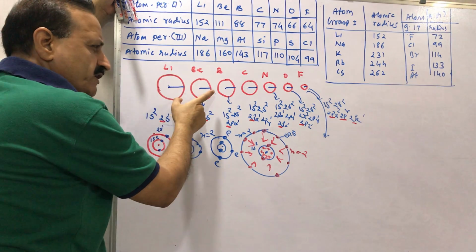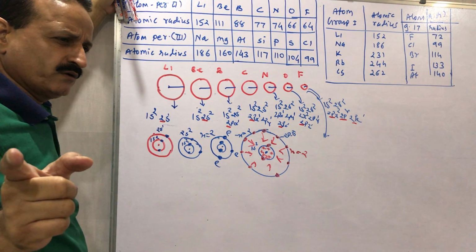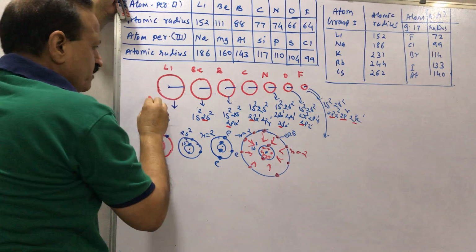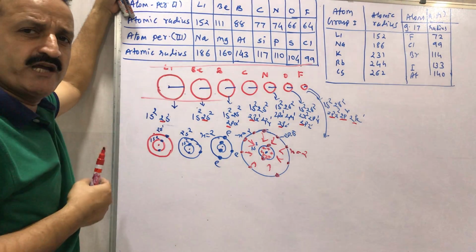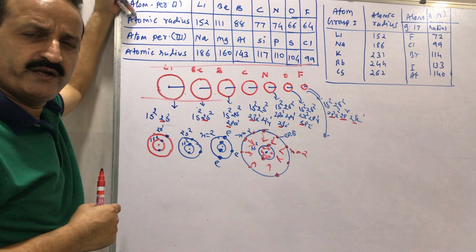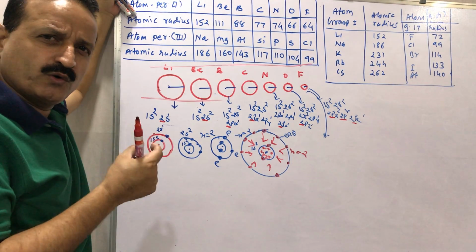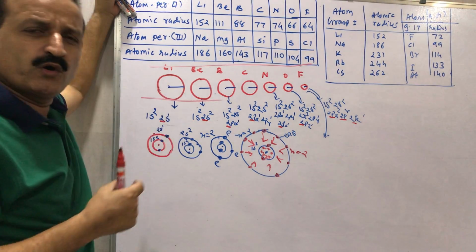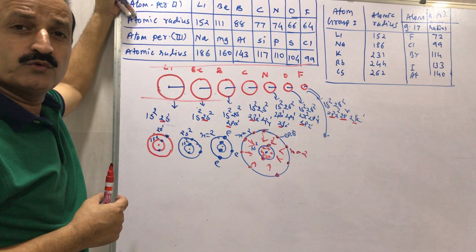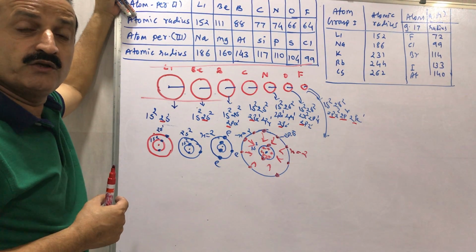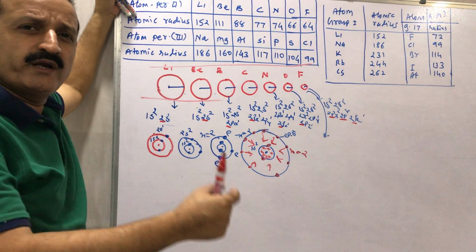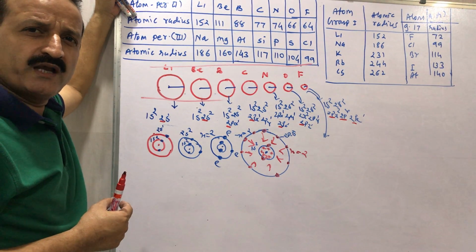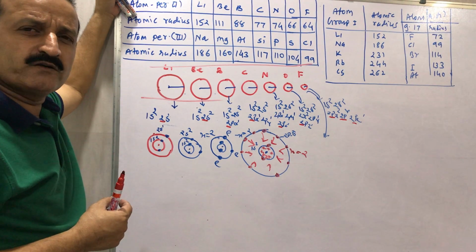This figure is not drawn in your textbook, but I have drawn it because you can imagine that the size of the atom decreases in the period, and I have drawn a small ball to help you remember that the size is decreasing.